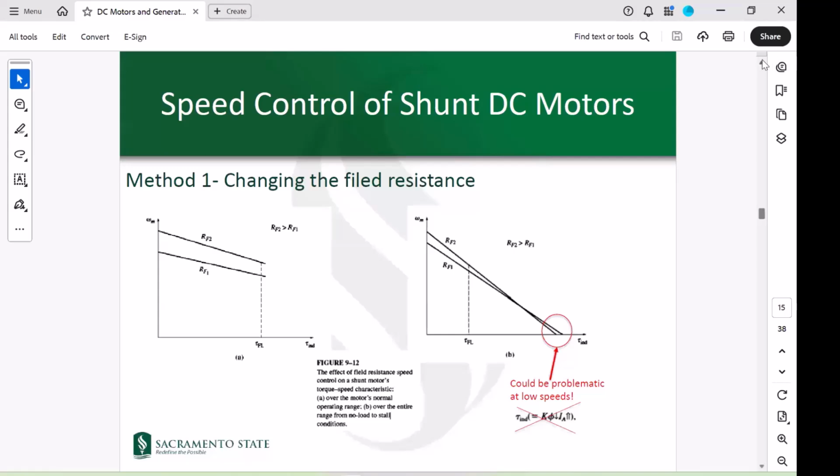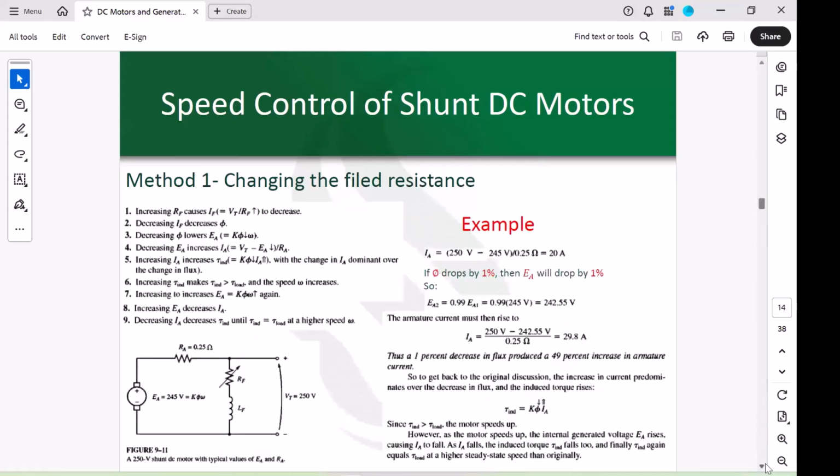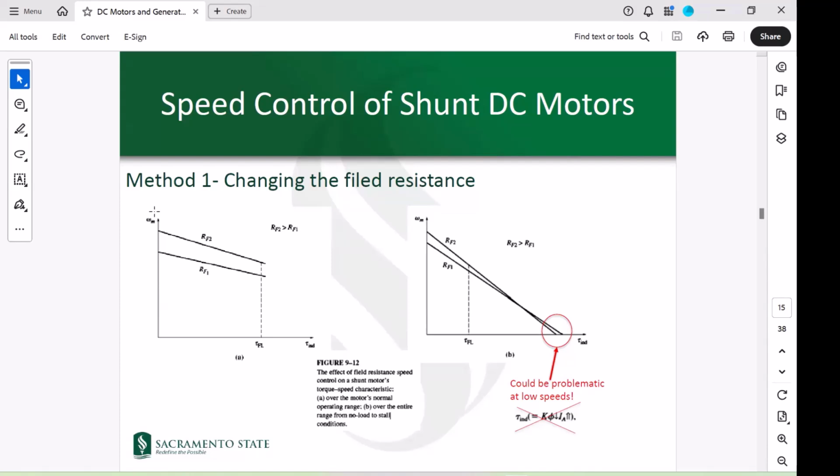This was method 1, changing the field resistance. We were showing the torque versus speed characteristics for 2 different RF values. When you increase RF, you're shifting the torque versus speed characteristic, but you are also changing the slope of it.